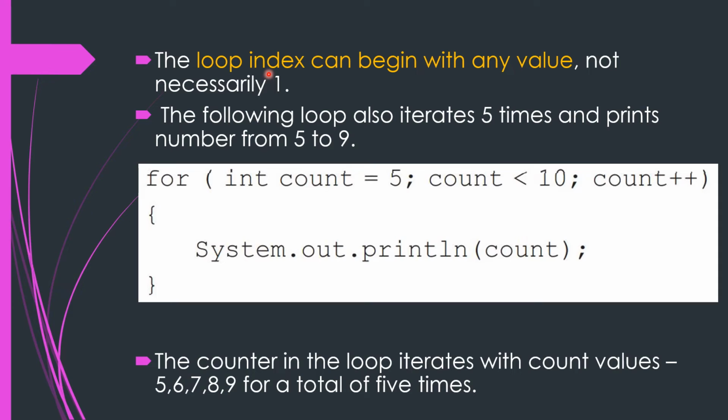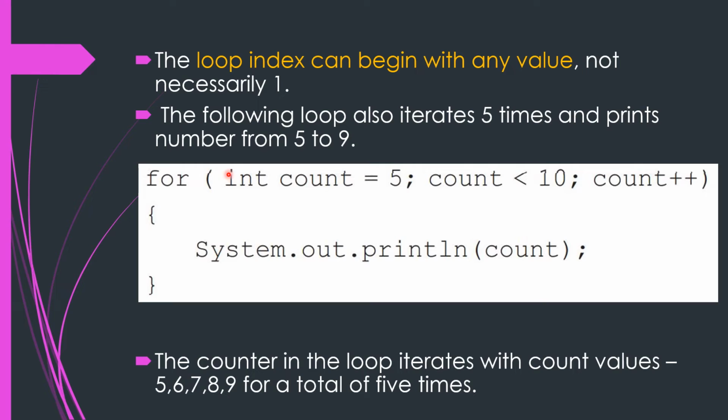Another important thing is that the loop index can begin with any value, not necessarily 1. In the previous example also we did not necessarily initialize the value as 1. We use it for various purposes. The following loop also iterates 5 times and prints numbers from 5 to 9.